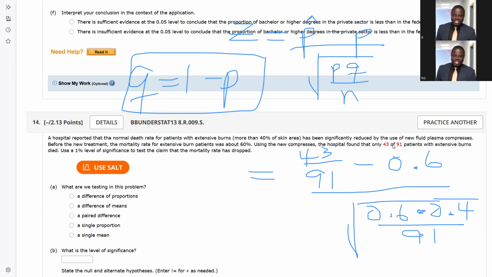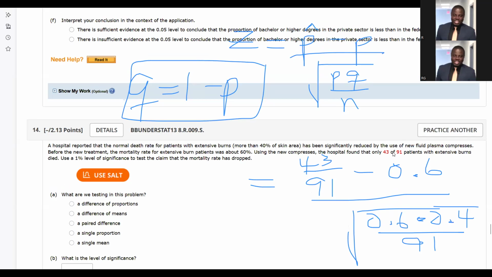All right. And then when you do that, you should get, let me do that here. I'm trying to get a calculator here. Oops. All right, let me share this calculator.